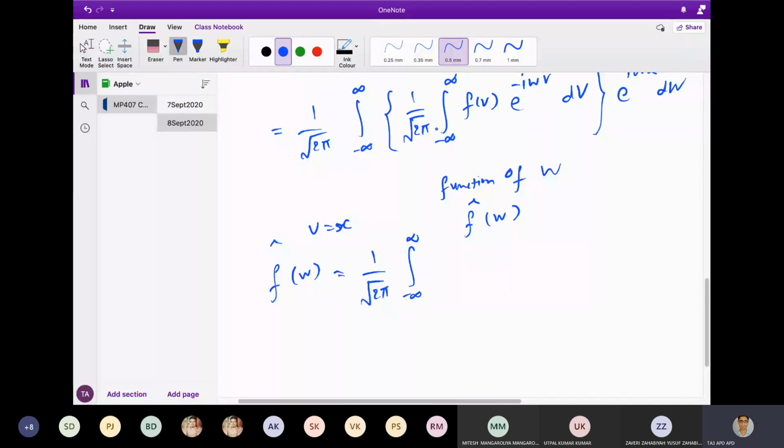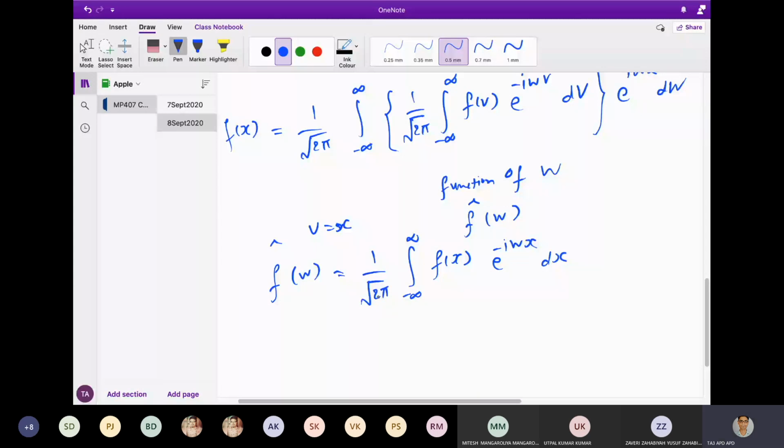Because we are finding the Fourier transform for the function f of x, this is going to be equal to f of x into e to the power minus i wx dx. Okay, so the whole integration is with respect to x, and it will give you the integral as a function of w. So this is going to be the Fourier transform for the function f of x.